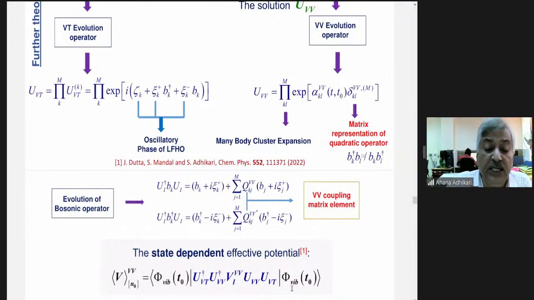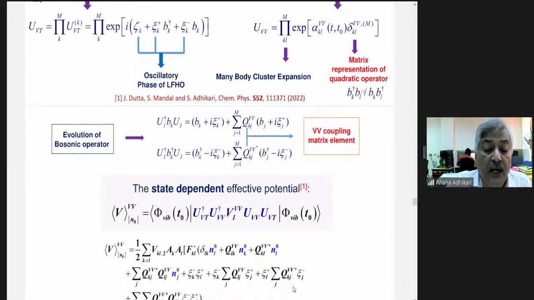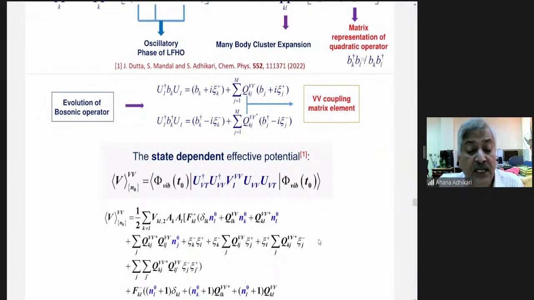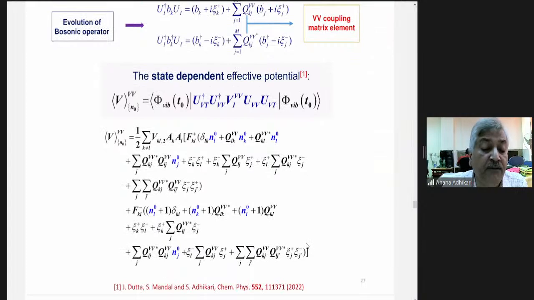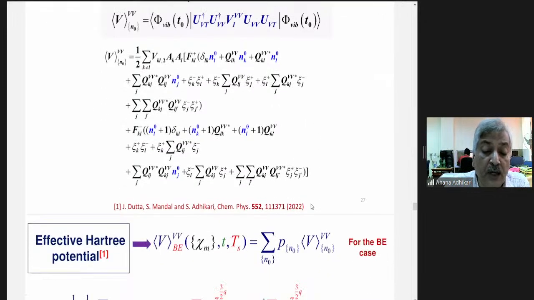When you consider the evolution operator, substitute and do all kinds of analytic derivations, you get this kind of effective Hamiltonian for the bilinear term. And you can see this in this article where we have put it in detail.